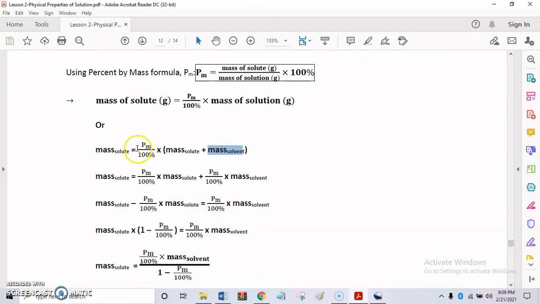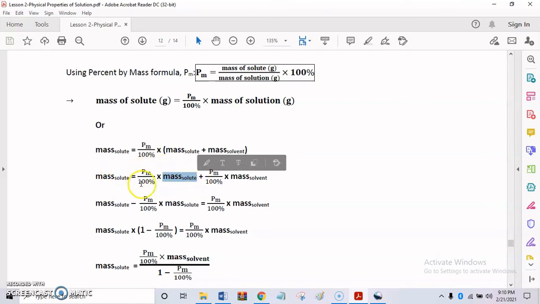So, by distributing this inside the mass solute and mass solvent, we have percent by mass over 100% times mass of solute plus percent by mass over 100% times mass of solvent. What we are looking for is mass solute. Okay? So, this has the same bases.